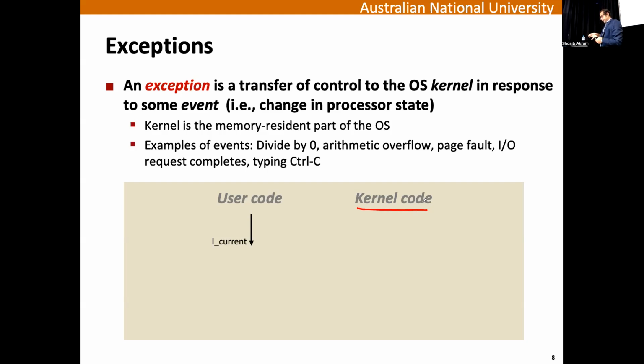And so an operating system is the kernel with all the things around it. So imagine that the processor is executing instructions in user mode. There are two modes that an application could be in at any given point, the kernel mode and the user mode.